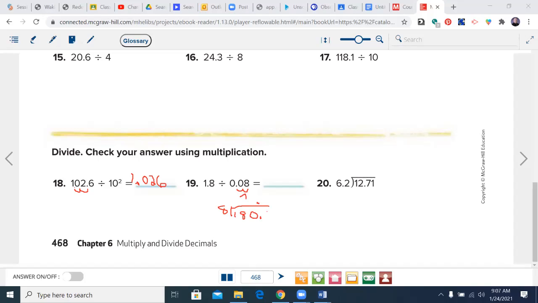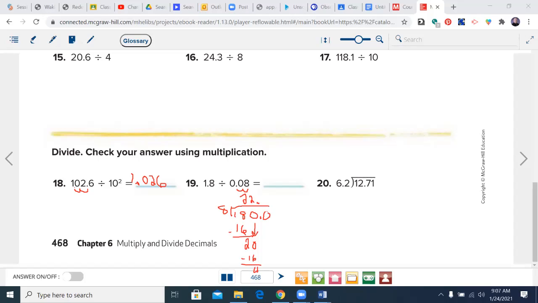8 goes in 18 twice. 2 times 8 is 16. Subtract. I get a 2. I'll bring down the 0. Still going to be a 2, 4. Let's move this up here for the moment.